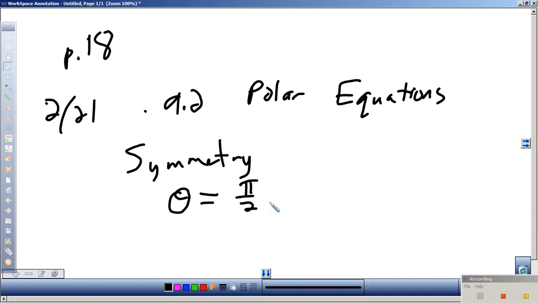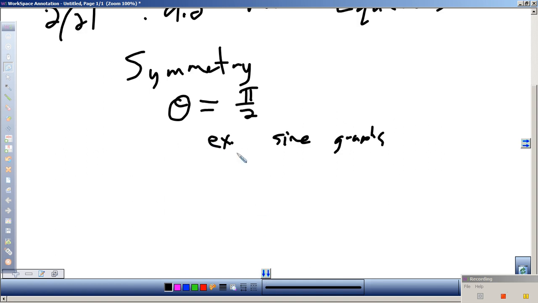What function had y-axis symmetry? An example of this is the sine graph. Not all sine graphs have it, but if you have your base sine graph, you have theta equals pi half symmetry.